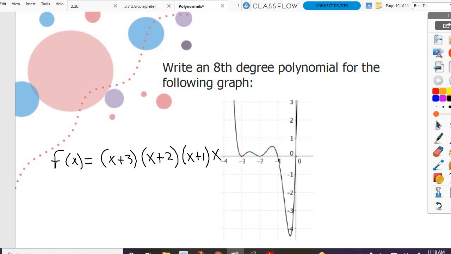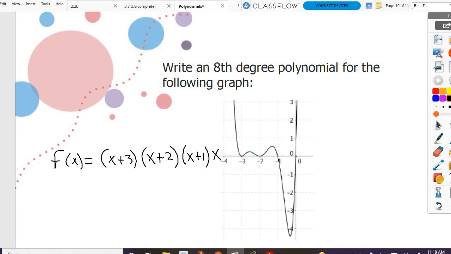Are we all right with that? So that ensures that we have the right zeros. But we also have to look at the other stuff on our graph. Because it tells us that we want an 8th degree polynomial, right? So right now, if this is degree 1, degree 1, degree 1, degree 1, 1, 2, 3, 4, I'm only going to get a 4th degree polynomial. Are we all okay with that?